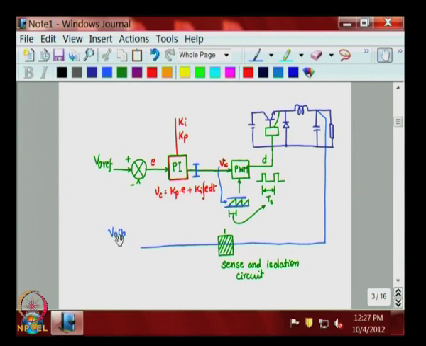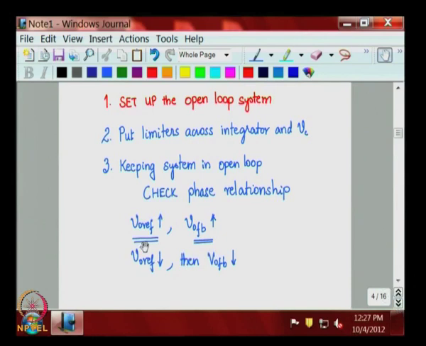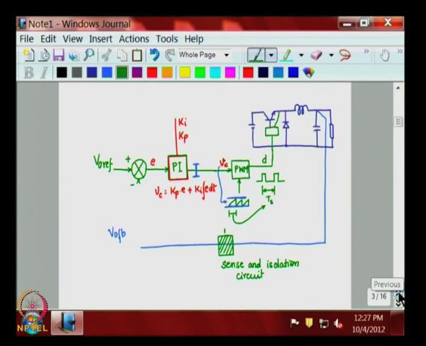When you are doing the open loop test like this, it would be a good idea to make K I equal to 0, K P equal to a finite value, because if you have K I as a non-zero value, the implementation of the I portion is a capacitor.